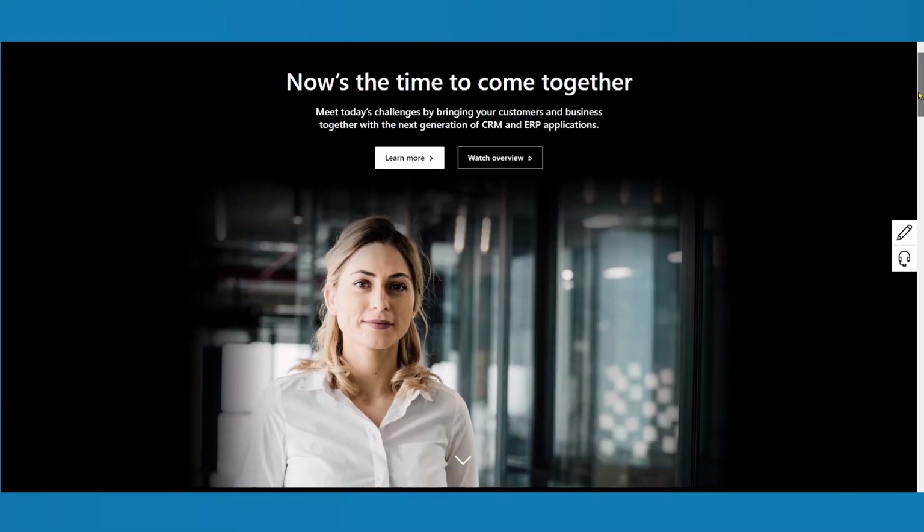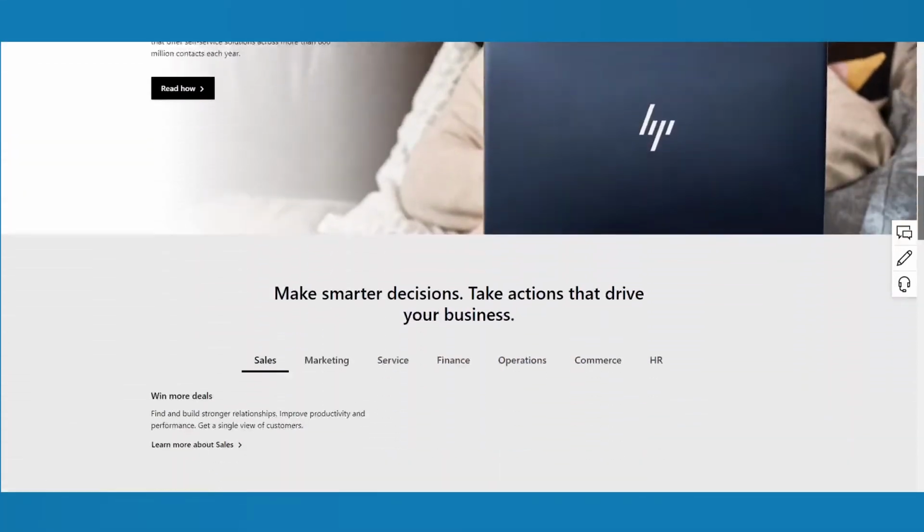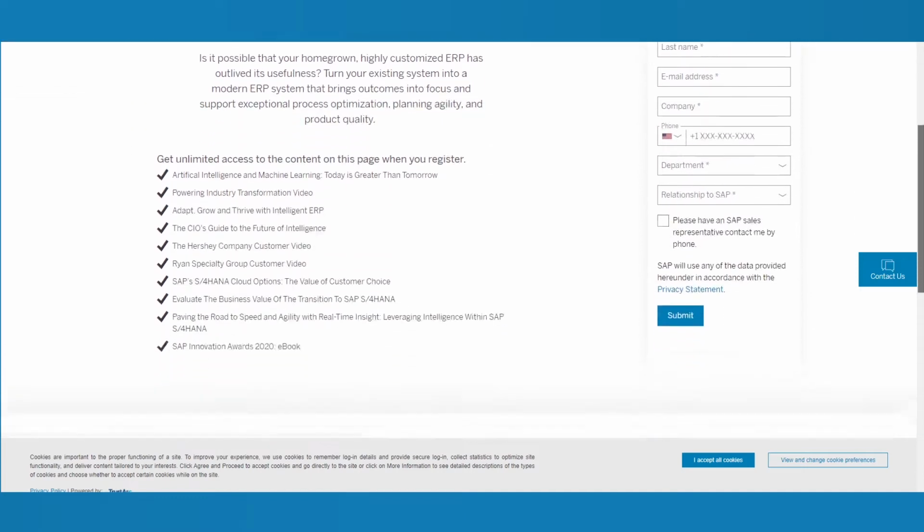So ERP, let's go to ERP. People understand ERP, or they work for a large organization, so they understand what the potential of a business management tool can do. They know there's one management tool called Microsoft Dynamics, or SAP, or whatever other Oracle type of systems you have.